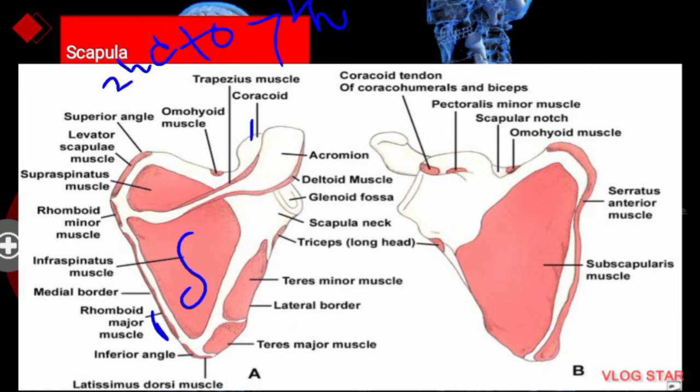This is the pectoralis minor muscle. Here is the scapular notch, and this is the omohyoid muscle, and this is serratus anterior muscle. This is the subscapularis muscle.